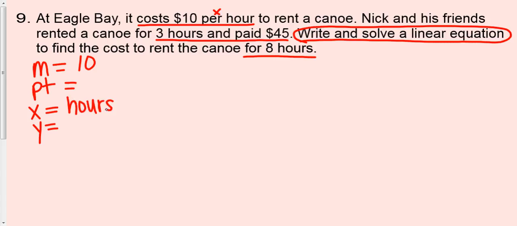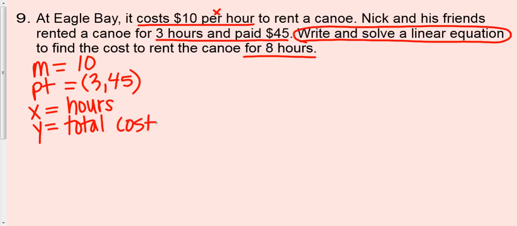Then I have a sample point that I also underlined, 3 hours and paid $45. So 3 hours, I paid $45. And it's my y that I have to figure out. In this story problem, they're also talking about cost, and so it is my total cost.